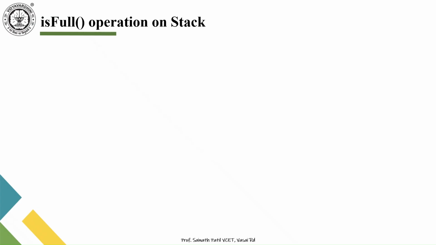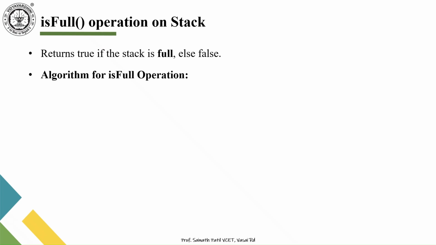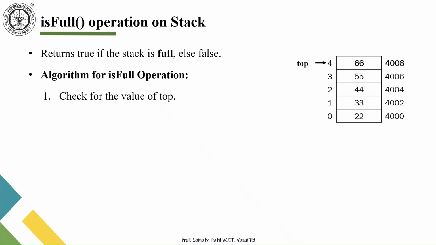Similarly, we will learn the isFull operation on stack, or isFull function. So it returns true if stack is full, else it will return false. So the algorithm for isFull operation is to check the value of top. Now in case of a stack using an array, we have a limited, specific number of elements, that is, the array size is fixed.